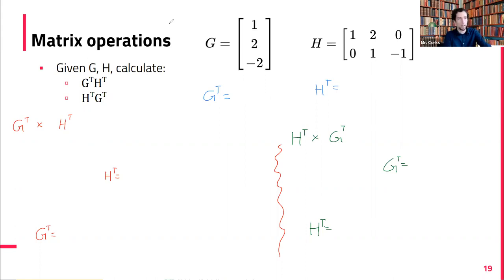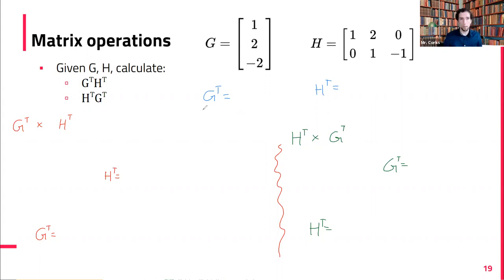All right, let's try these out. So first we have to figure out what is G transpose and what is H transpose before we can talk about sizes and actually doing the multiplication. So what are the dimensions of G transpose? 1 by 3.